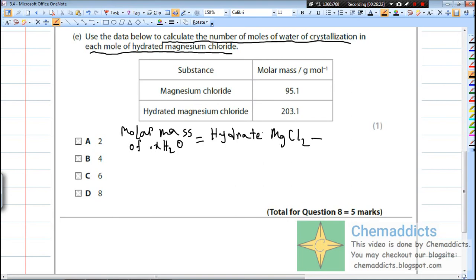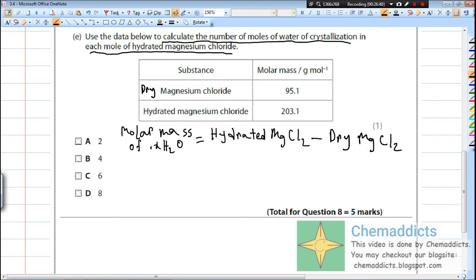We subtract hydrated MgCl2 with dry MgCl2. This is dry and this is hydrated. Hydrated means water is present here.